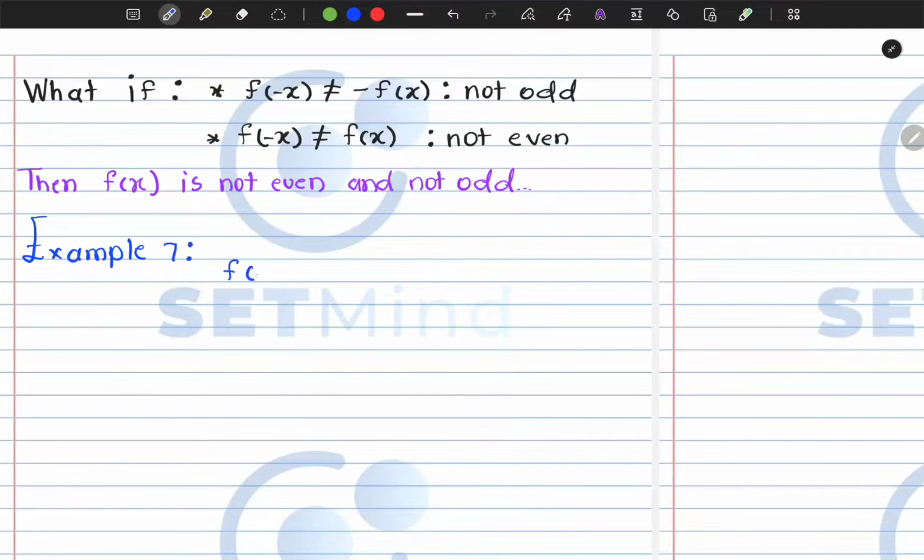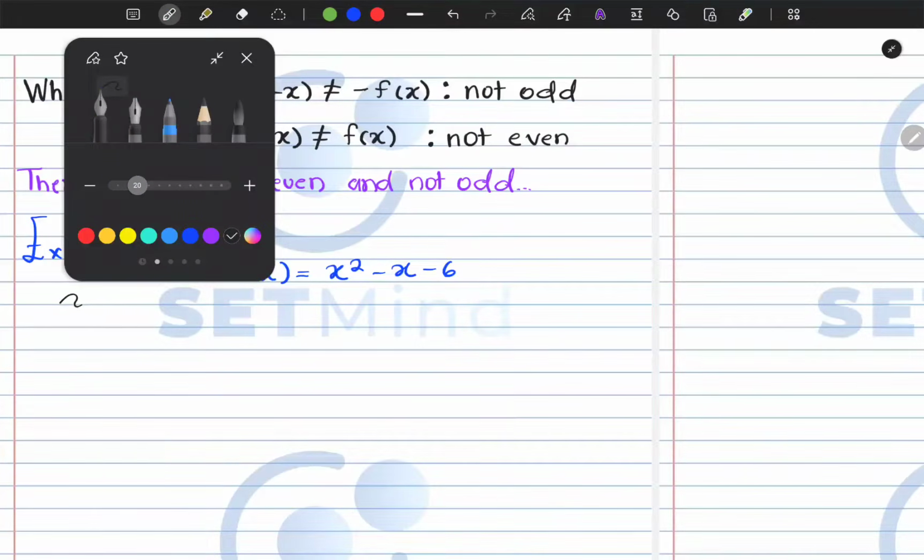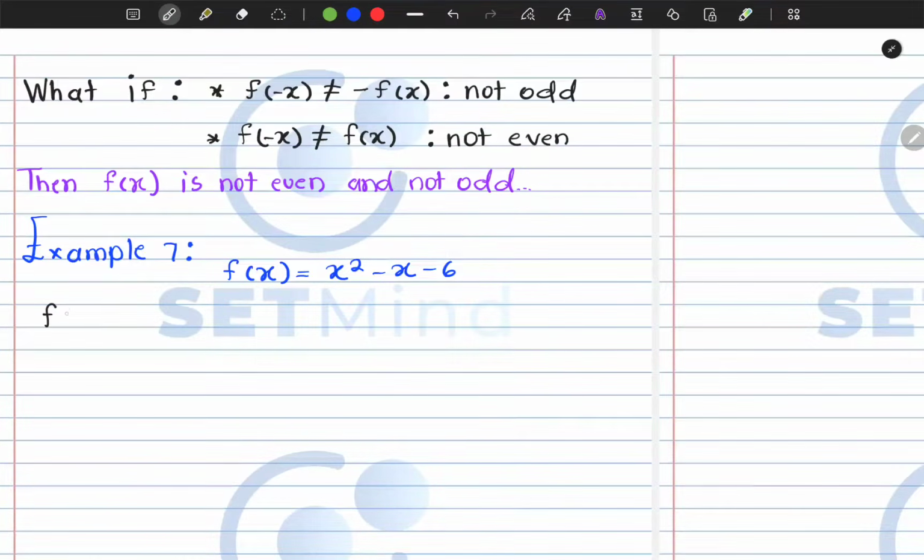So on example 7, we are given a function f of x, which is x squared minus x minus 6. So what we do is we are going to do f of minus x. This is our test, as we always do. So we'll have minus x all squared minus minus x minus 6.